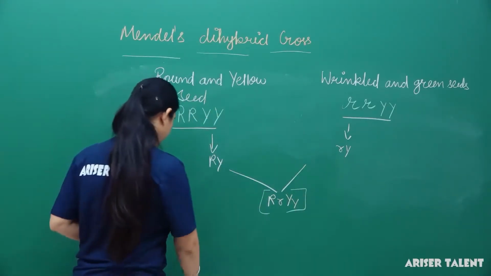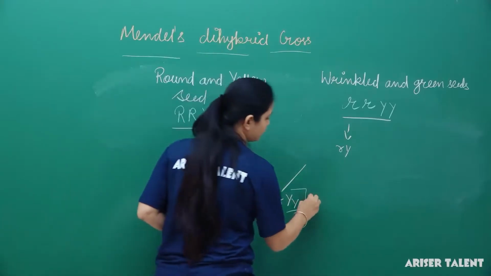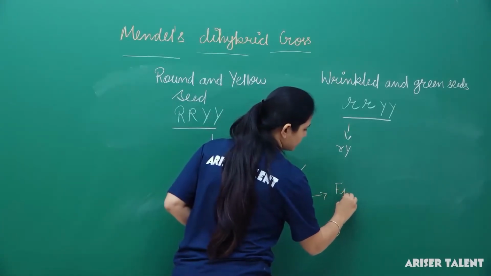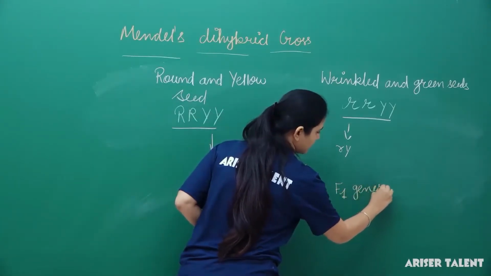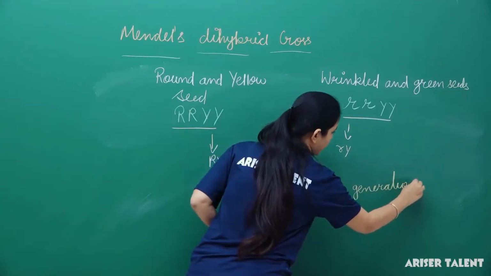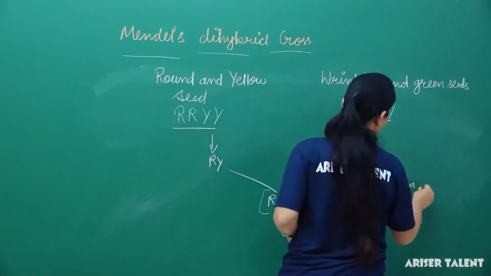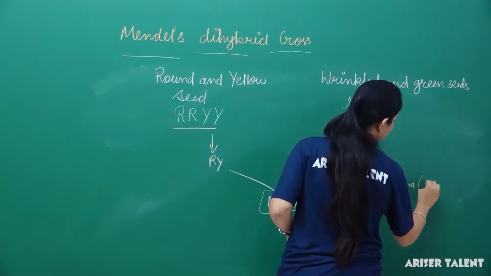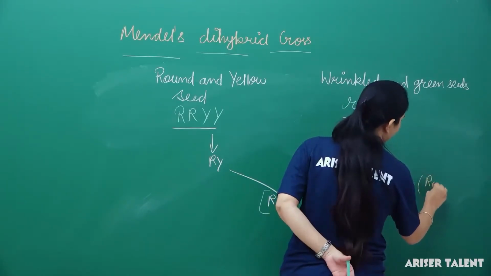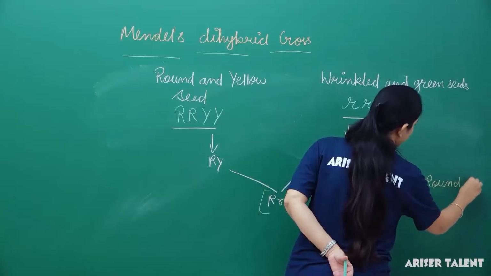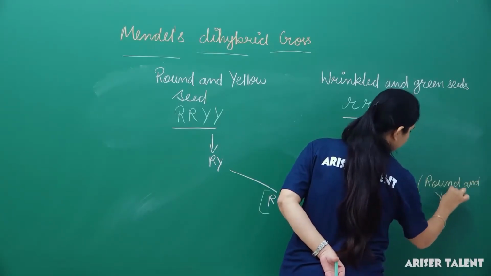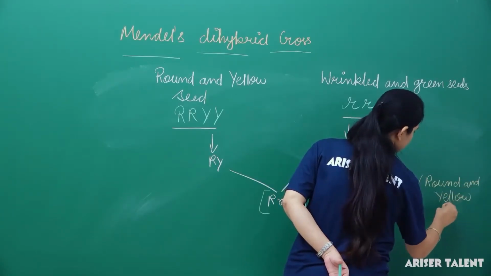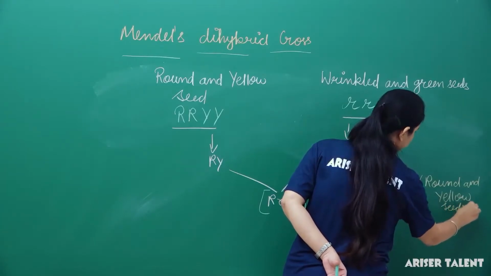In the F1 generation, all the plants had round and yellow seeds.